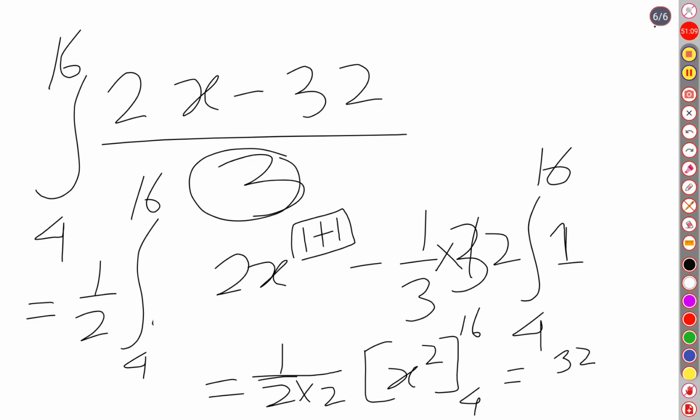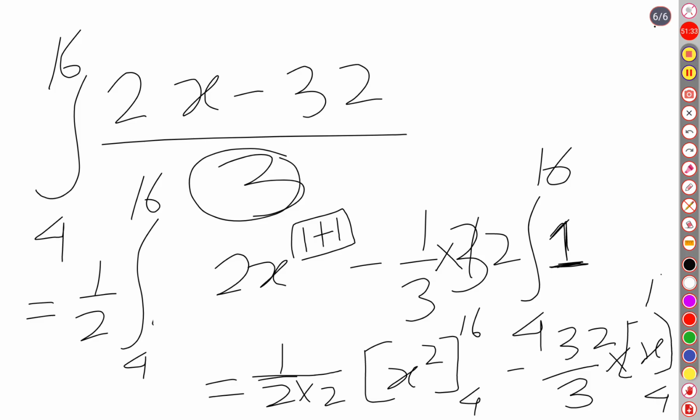Oh sorry, it is a minus symbol, I have written two symbols. It will be minus 32 over 3. Then for the constant, it is actually x, and our limit is 4 until 16.